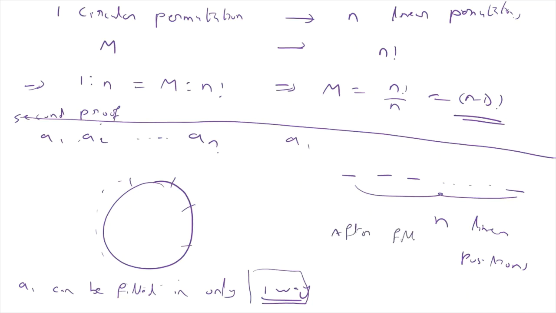After filling A1, we have n minus 1 objects and n minus 1 places. Therefore, the number of ways of filling these n minus 1 places using these n minus 1 objects is going to be n minus 1 factorial.